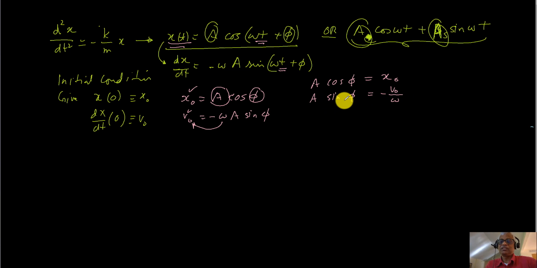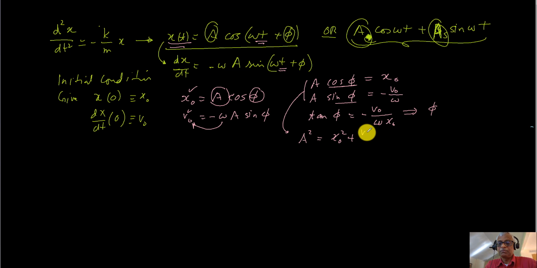Right away you can see how this will work out, right? You take a ratio, so tangent phi is minus v0 over omega x0. That will give me phi. Another thing you can do is just take a square of this and add, and because sine squared plus cosine squared is 1, you're going to get A squared equals x0 squared plus v0 squared over omega squared, and A is supposed to be positive.